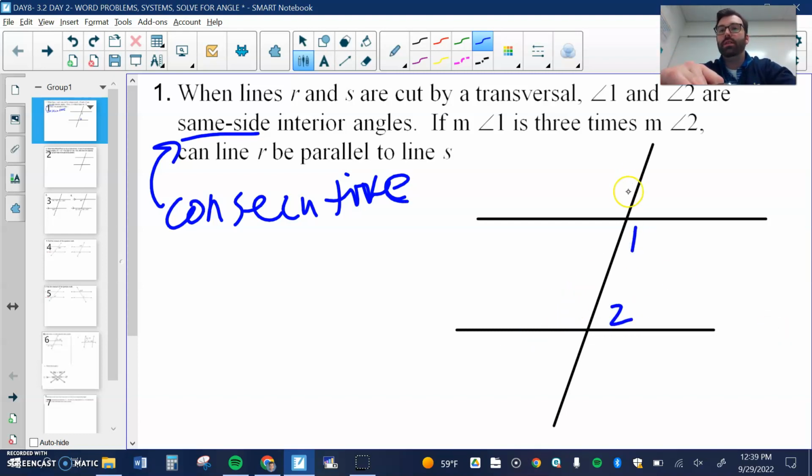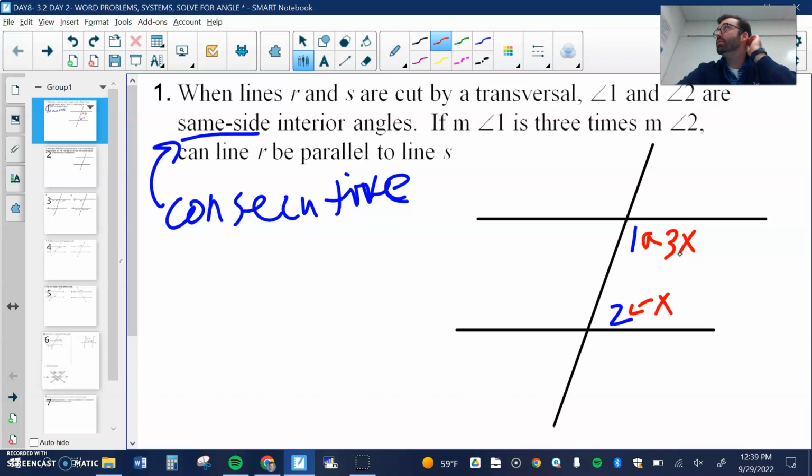I just know that 1 is bigger, so I chose the bigger angle. It says angle 1 is 3 times the measure of angle 2. So angle 2 is the smaller one, so I'll call this angle x. Angle 1 is 3 times bigger than that, so I'll call this 3x.